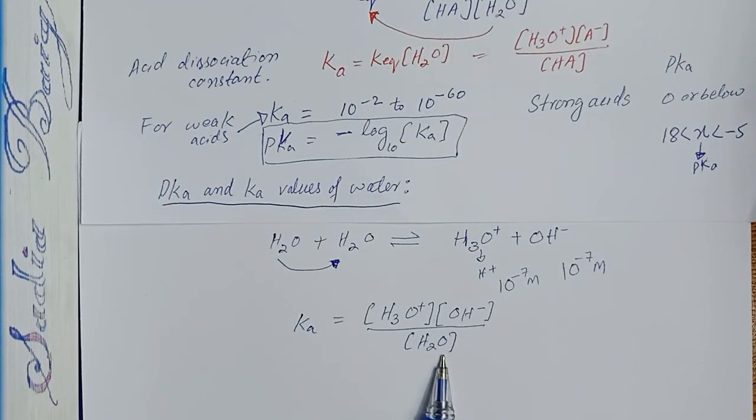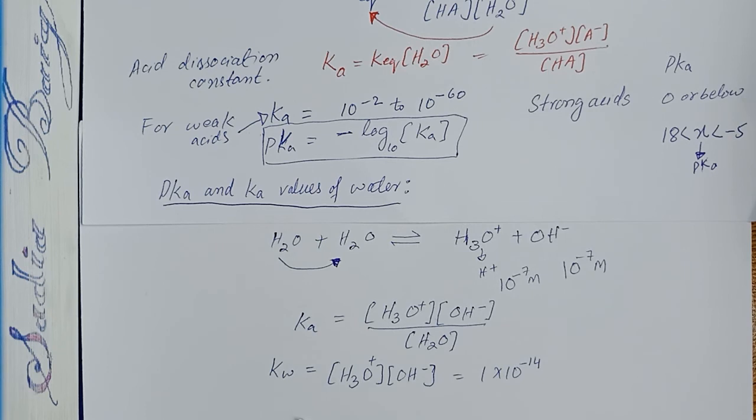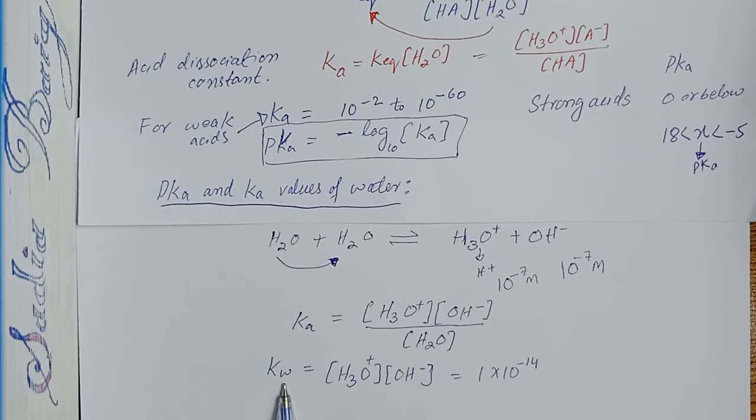The molar concentration of the water is unknown, whereas the concentration of the hydronium ion and hydroxyl ion is 10⁻⁷ molar. For the calculation of this one, now let's consider the equilibrium constant for the water that was considered 10⁻¹⁴ in previous discussion.